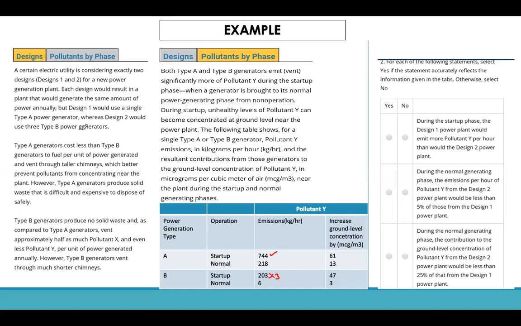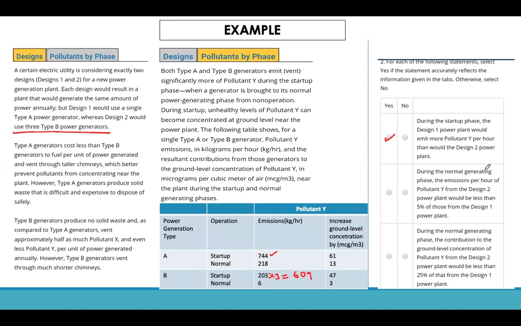Because we're being told in the first paragraph that design 2 would use 3 type B power generators, you multiply this figure that is produced by 1 generator by 3, which would give you 609. So yes, 744 is greater than 609. So we go with yes, meaning during the startup phase, design 1 power plant would emit more pollutant per hour than would design 2 power plant. We have seen that 744 is greater than 609, right?